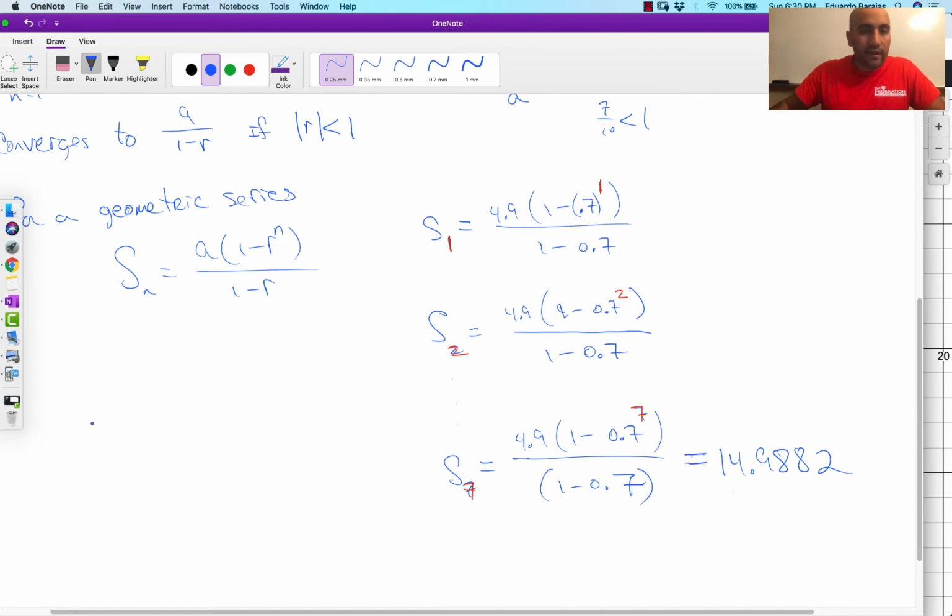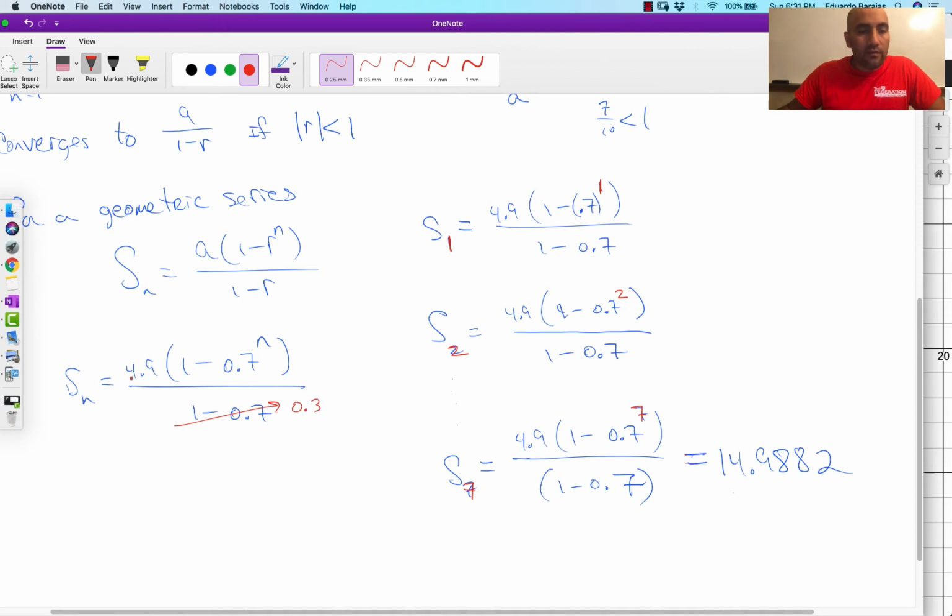Let's simplify that a little bit. We have 4.9 times 1 minus 0.7 to the power of n, all over 1 minus 0.7. So this whole denominator is really just 0.3.